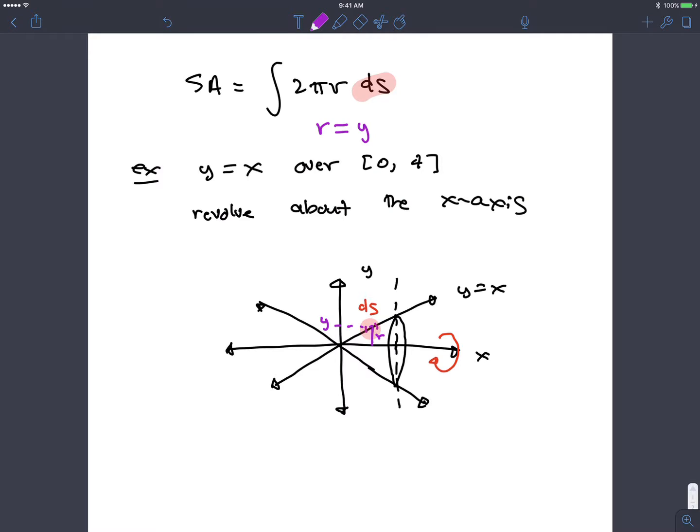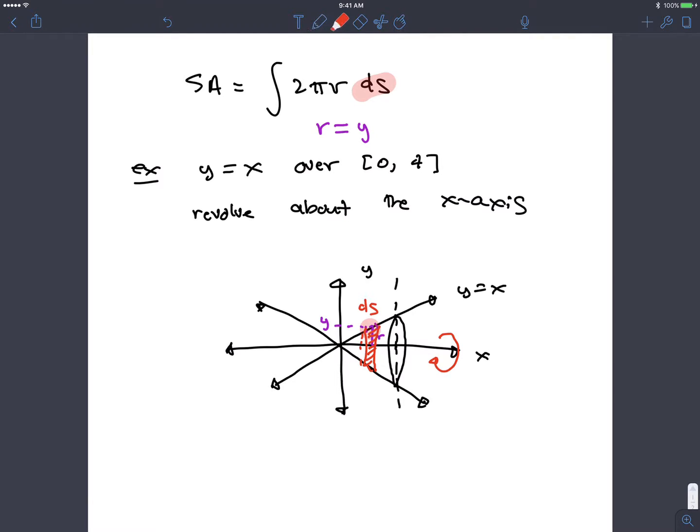That small increment ds that we're rotating about the x-axis creates, like we talked about last week, this little rubber band strip. And that's what we're looking for in this example. So r here is the y value.